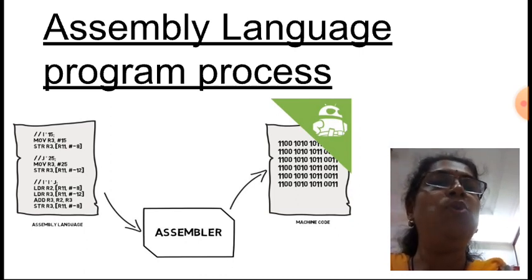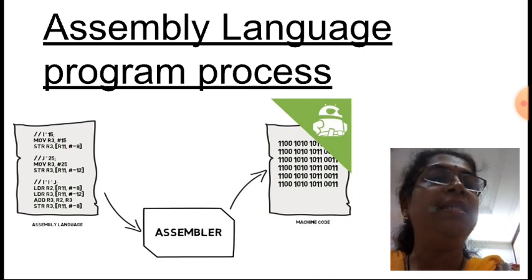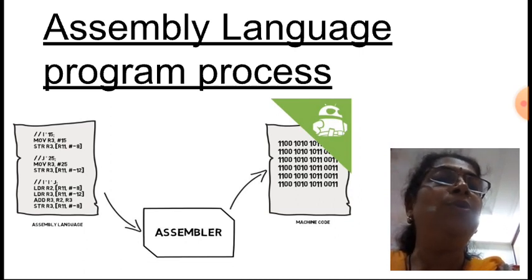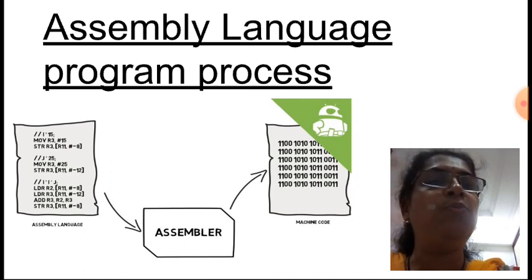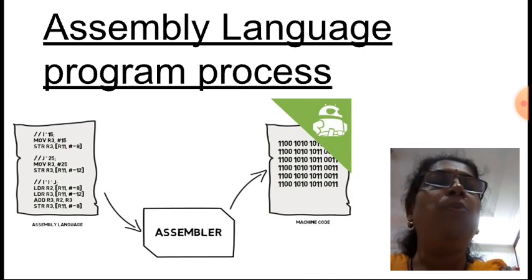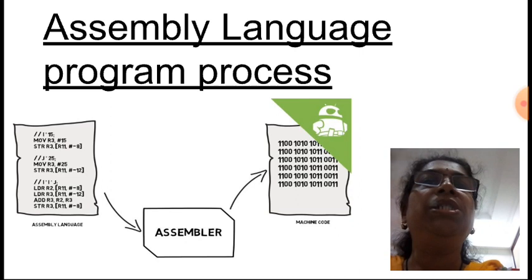And the output, after using the assembler translator, is called an object code. So a program written in assembly language is called the source program or source code, and a program converted into machine language by the assembler is called the object code or object program.